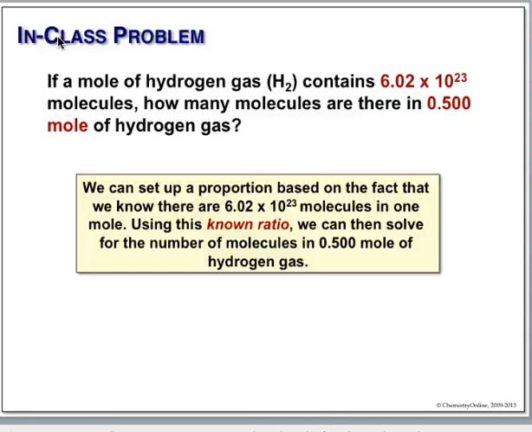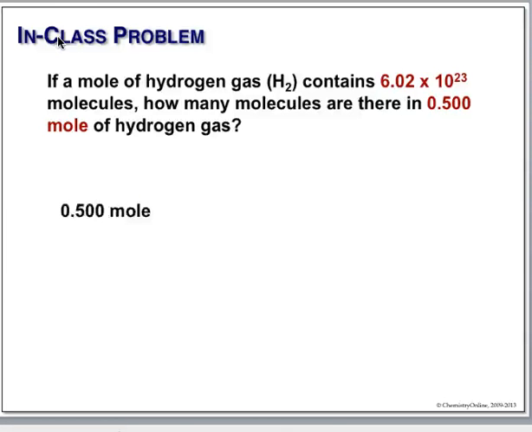And we have a given of half a mole. So we plug in our given. There are 6.02 times 10 to the 23rd molecules in a mole.